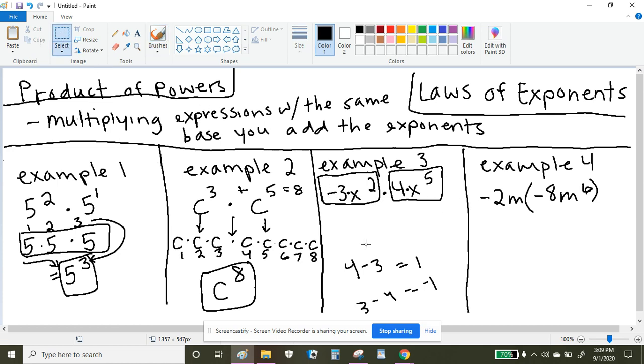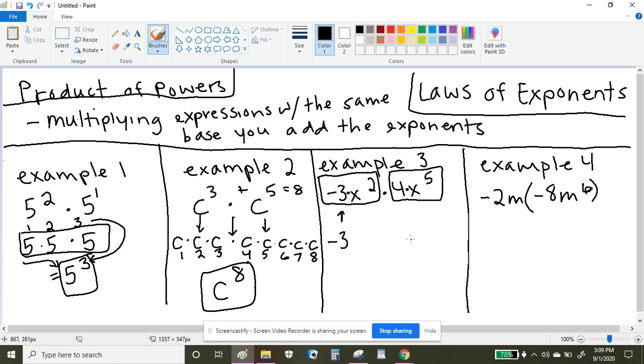So what we're going to do, let me get rid of this. Still getting used to this. We're going to reorder these so that the like bases are together. So we have this base here. We have a negative 3, so that's a base.